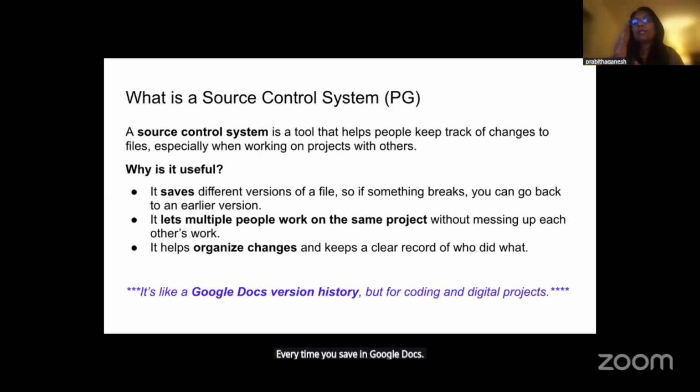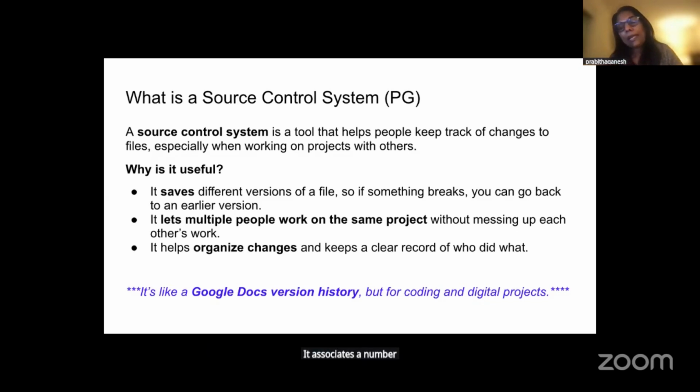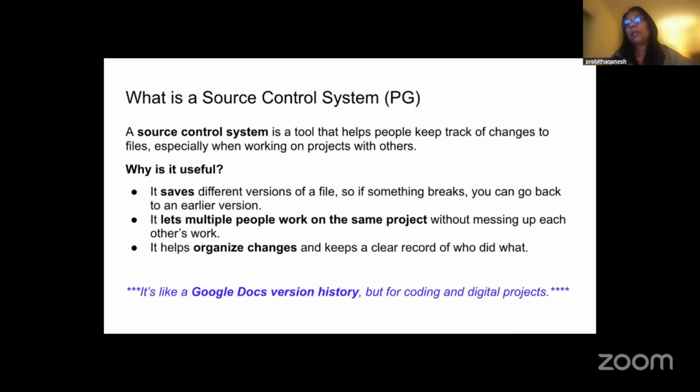Every time you save in Google Docs or in a source control system, it associates a number that enables you to go back to any version of the past. That's one main reason why people talk about source control systems as they collaborate on code.